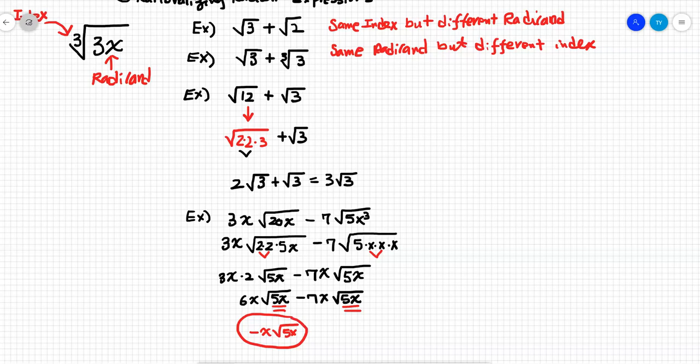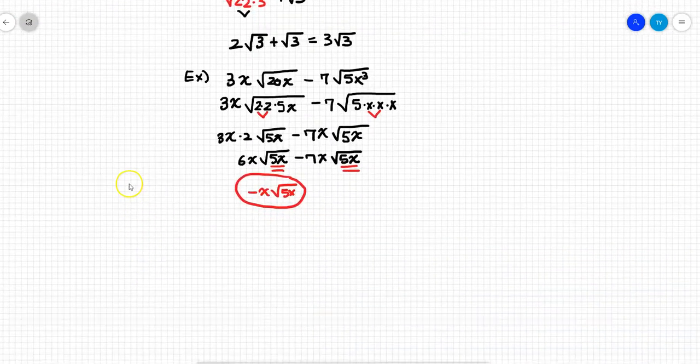So just make sure that you don't make any mistakes by not making the radicand as small as possible, to compare and see if you end up with the same radicand on the radicals that you have.